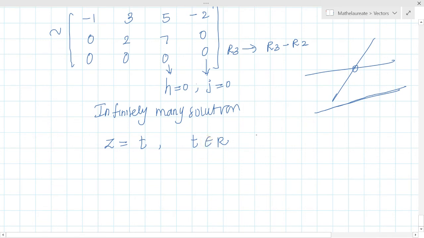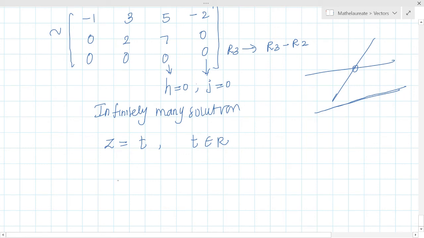If we choose t is 2, then accordingly the x and y values take. Okay, so that is one of the solutions. Like that, many solutions you can take. All those solutions will be lying on the line of contact of these 3 planes. Fine. So z is t, we take from the last row since it got eliminated.